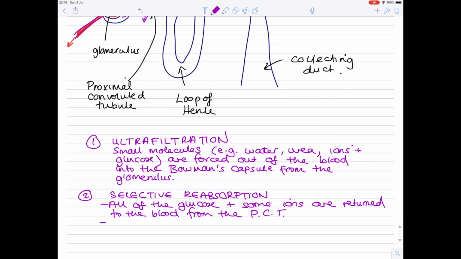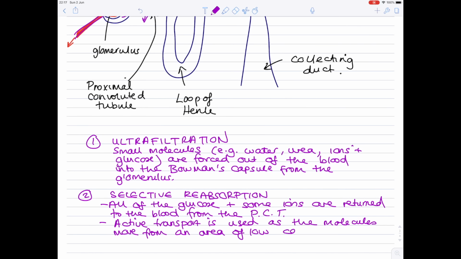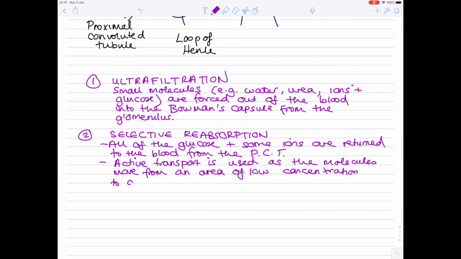Notice that this occurs against the concentration gradient, so it's done by active transport. And let's state what that is for a very full answer. So they move from an area of low concentration to an area of high concentration, and therefore it requires energy or ATP.